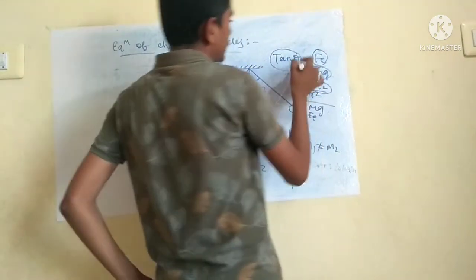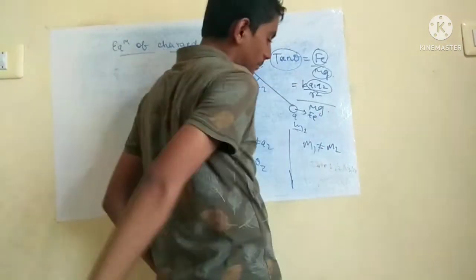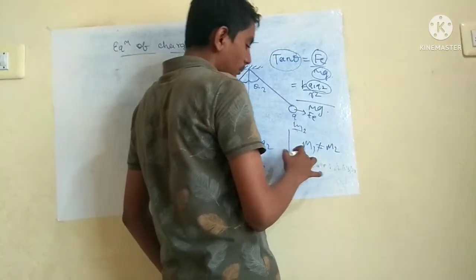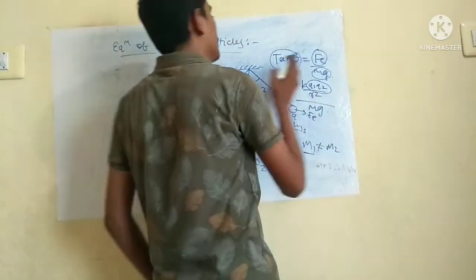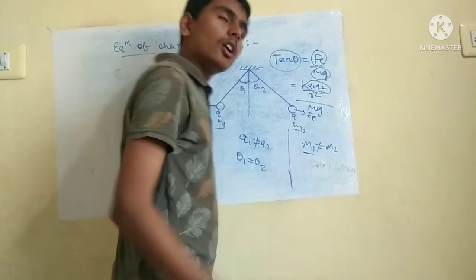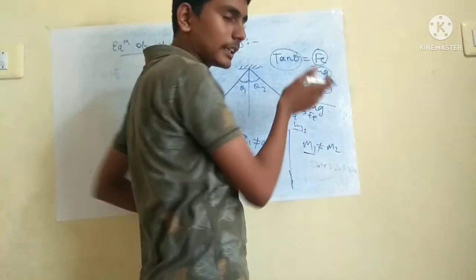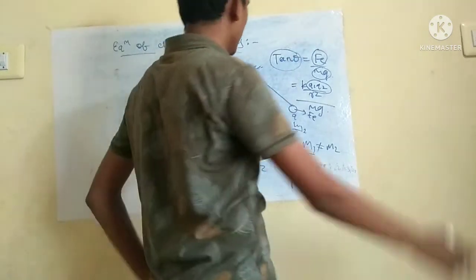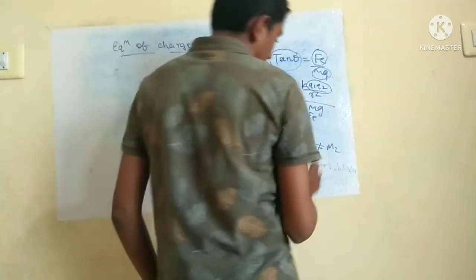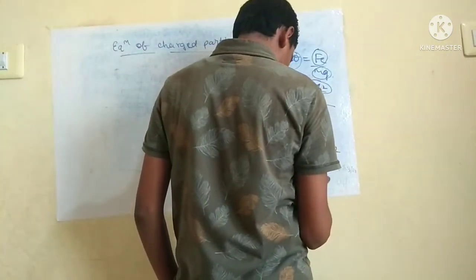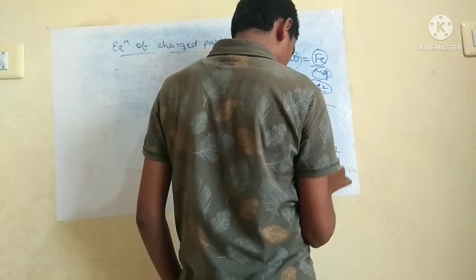Now tan theta is inversely proportional to mg. So the one with less mass will have the larger angle, and the one with more mass will have lesser tan theta. Now you can write like this: tan theta is inversely proportional to mass.